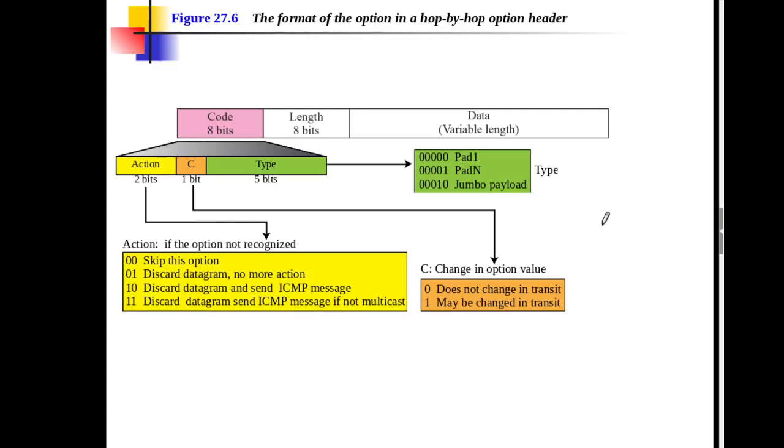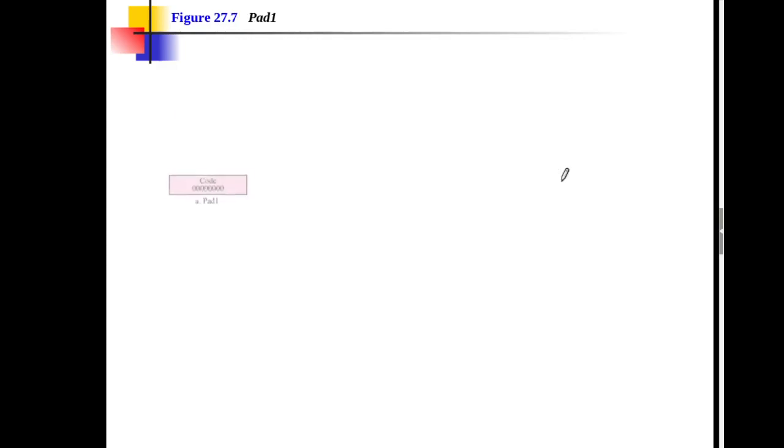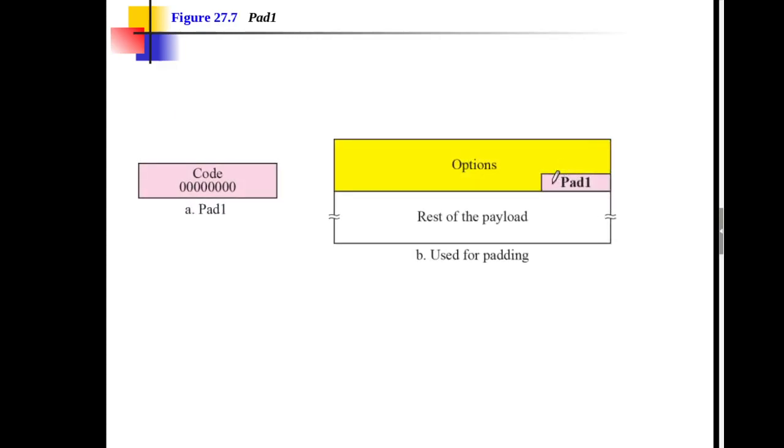So maybe in the next slide we have this. It is just saying what can be padded at the end. In pad 1 it is just 1 byte, and the code will be 000. So whenever the option is just 1 byte small, in that case you will use pad 1.